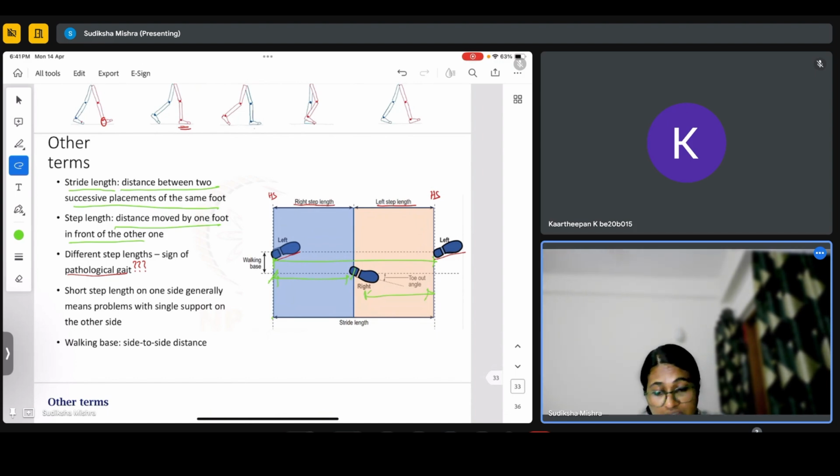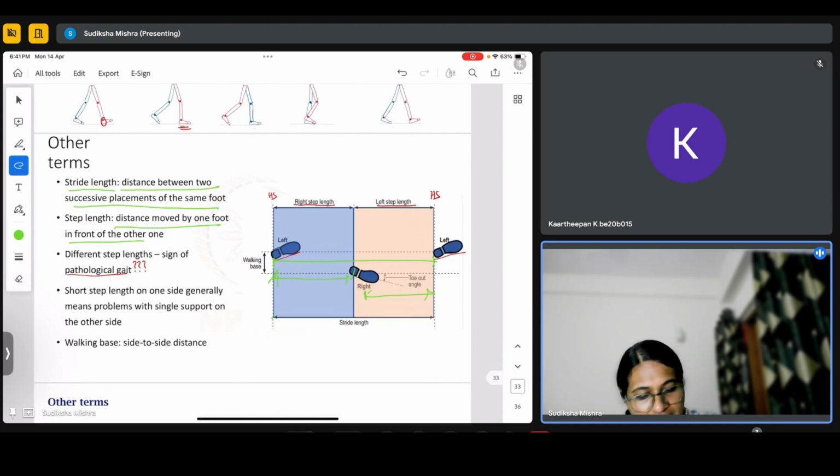There might be different step lengths. One of the legs might be shorter than the other, or it can be because of some pathological problems. There can be an injury because of which the step length is not the same.